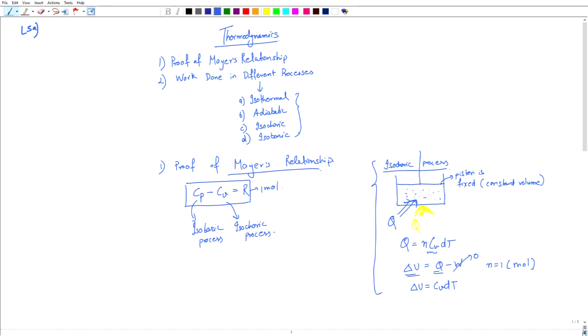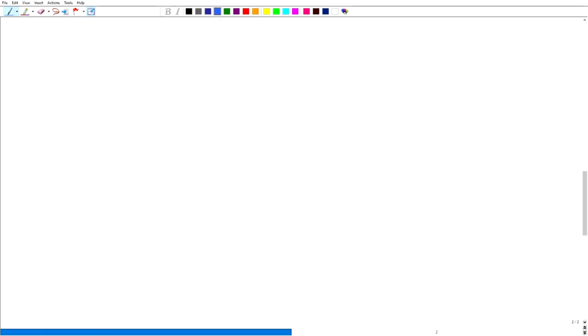Now let's look at what happens in the isobaric process. Here we again have a cylinder piston system with gas molecules inside the cylinder, but this piston is movable.